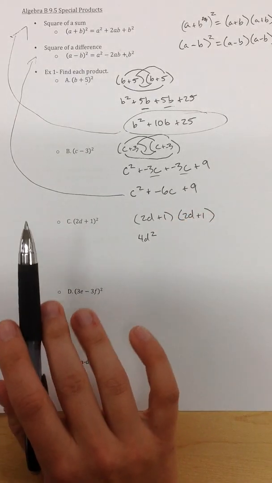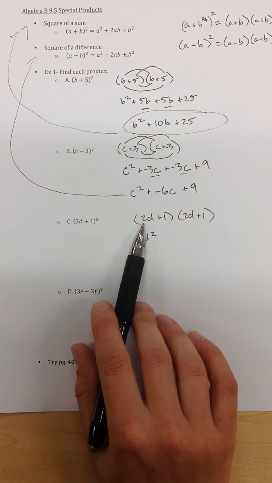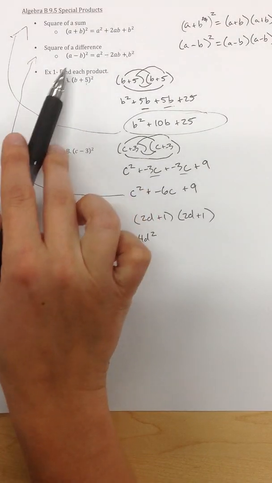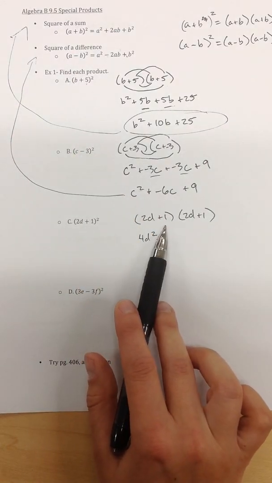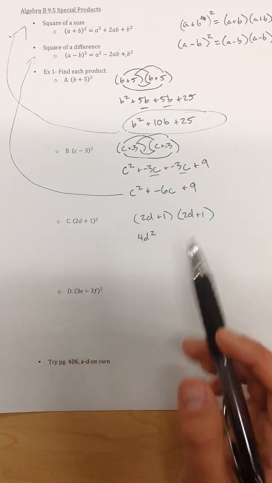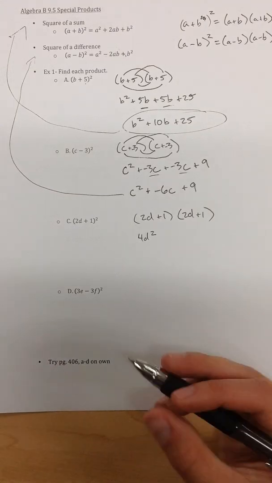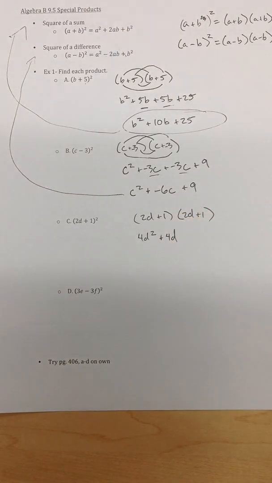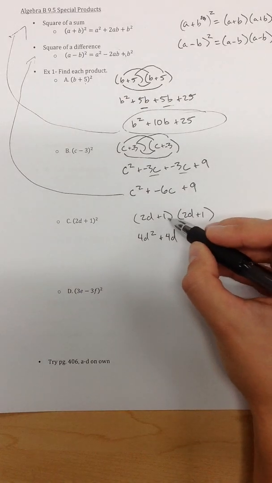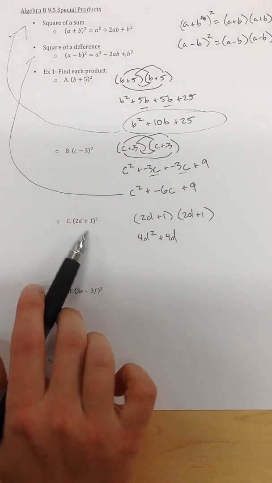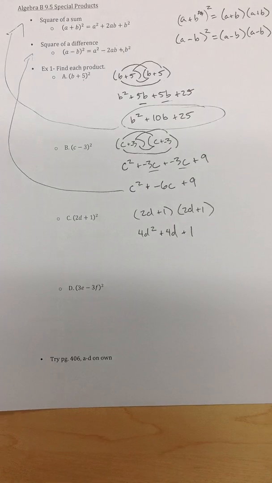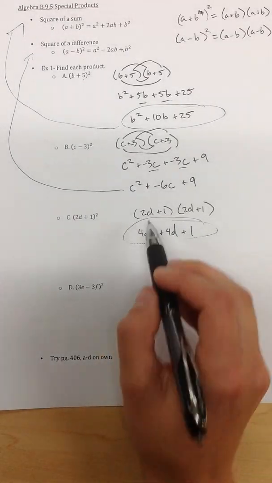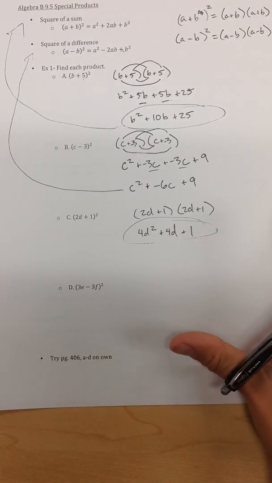Then I'm going to take my first thing, so 2d, times my other thing that's in the parentheses, so like the b in this case up here, but 1 here, so 2d times 1 is 2d. Then I'm going to take and double that, which would be 4d, so plus 4d. And then it would be my b times itself, so in this case would be 1, which would end up being 1. Okay?